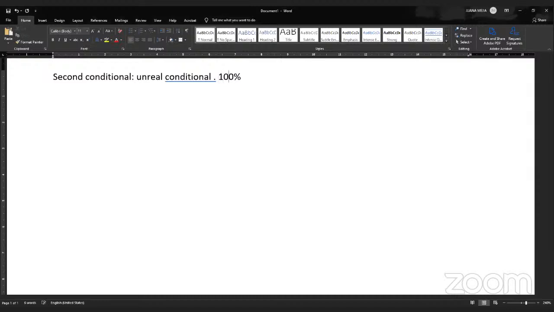Okay, let's be generous. So don't forget, zero conditional, 100% of probability. First conditional, 60% of probability. And second conditional, well, 10 or 0% of probability. And you will see why.